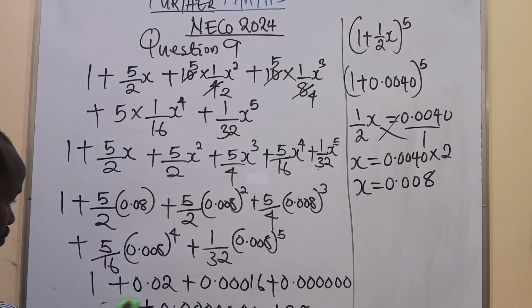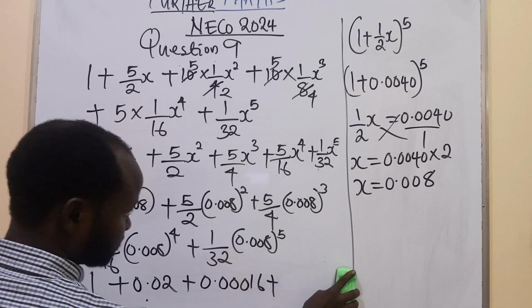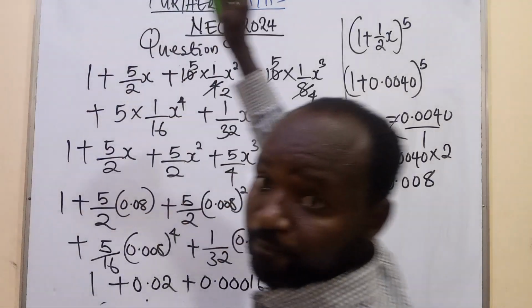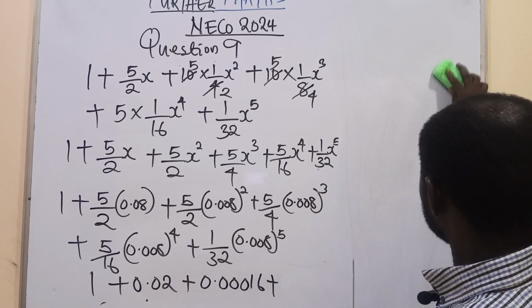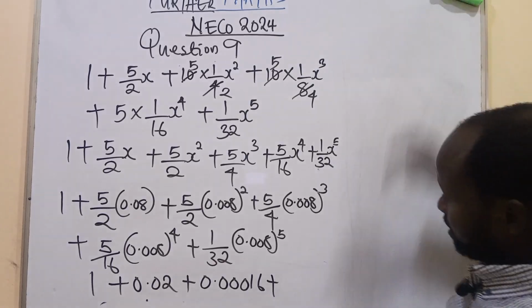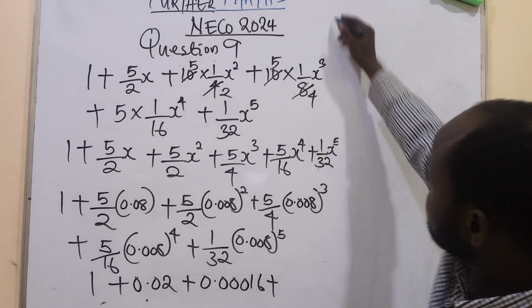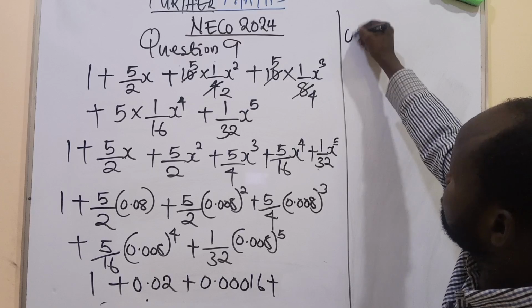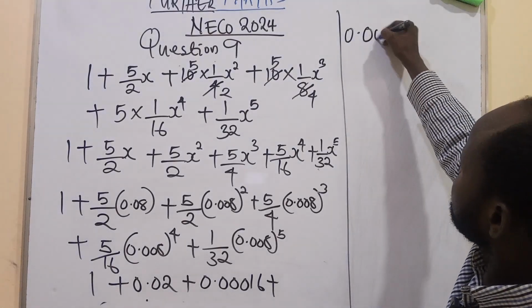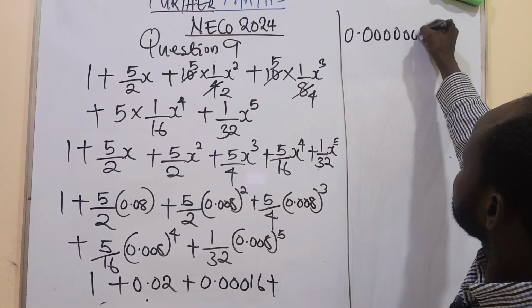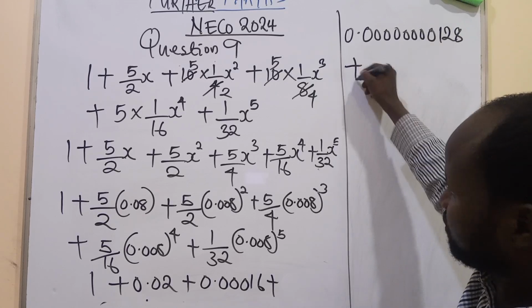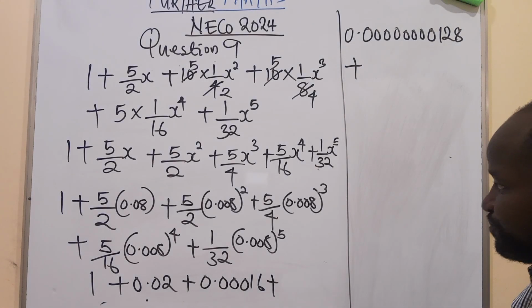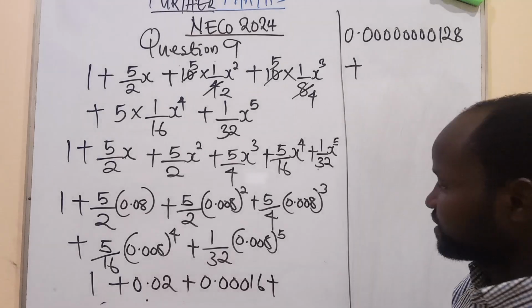Yes, so the last but not the least, let me take this last one up so that we can see it clearly. Okay, let's take it here before we add. Plus 0.008, that's 3, 4, 5, 6, 7, 8, 1, 2, 8. Plus the last one now, power 5, when r is 5.